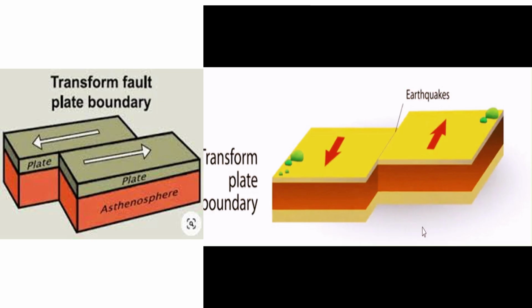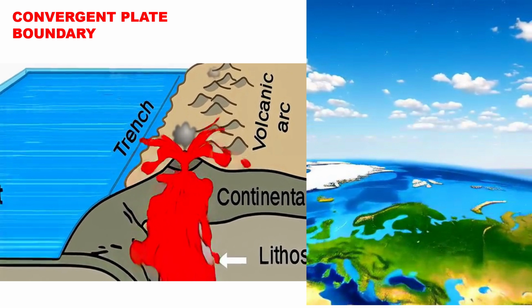And next, that is the transform plate boundary. But one thing first: due to convergence, plates are being destroyed. That is why the convergent plate boundary is also called the destructive plate boundary. And remember, convergent is always destructive and divergent is always constructive. In the convergent plate boundary, folded mountains are formed.